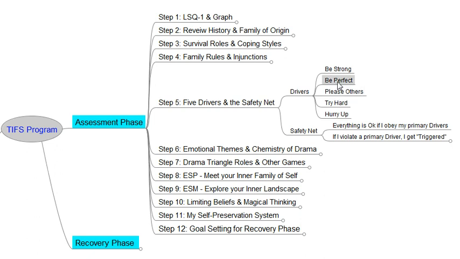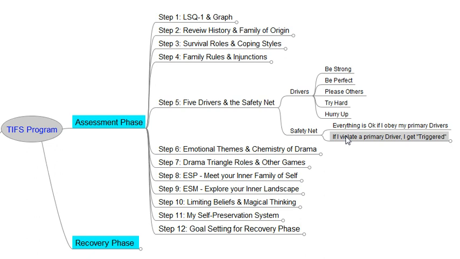Various combinations of these. But they're called drivers because they drive everything we think, feel, and do. And if we're obeying those drivers, then we're in a safety net of okayness. Everything's fine as long as I'm obeying those drivers. But as soon as I violate a primary driver, I get triggered into an emotional theme, which we'll talk about in the next step.